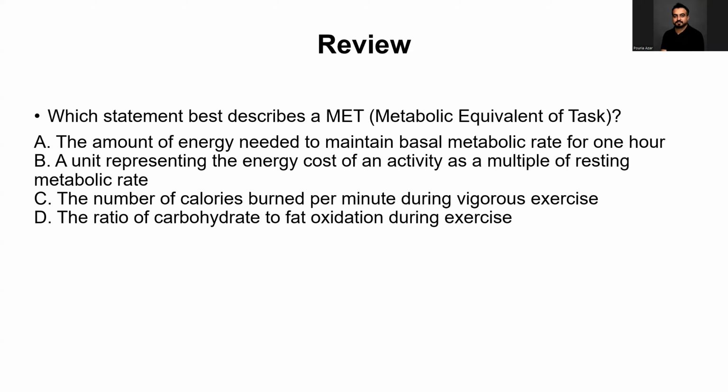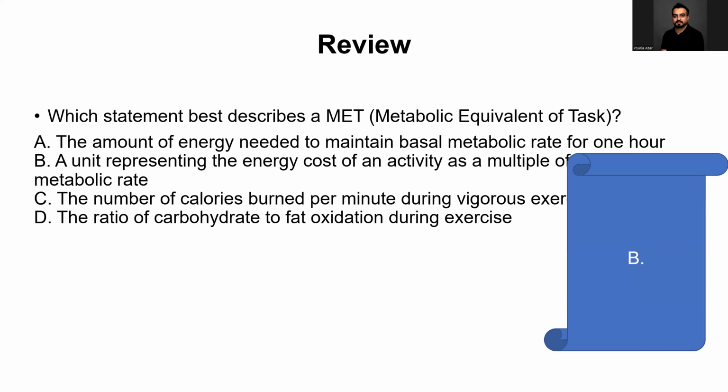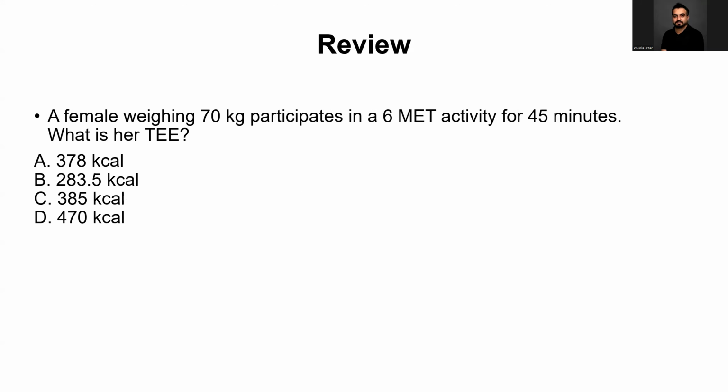D, the ratio of carbohydrate to fat oxidation during exercise. So the correct answer is which one? Yes, it's B, a unit representing the energy cost of an activity as a multiple of resting metabolic rate.